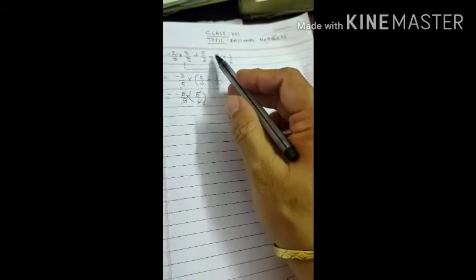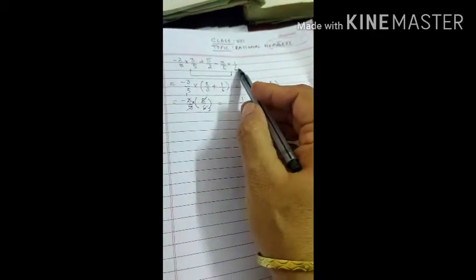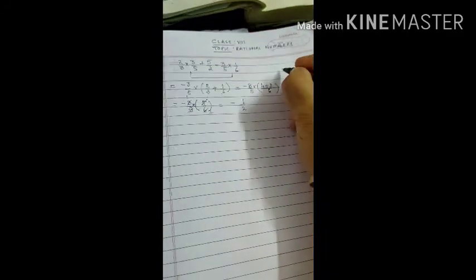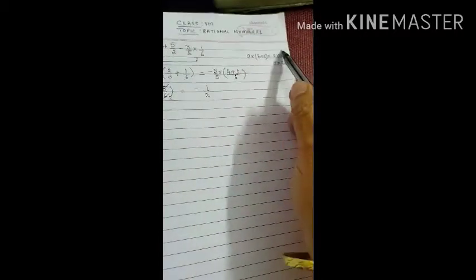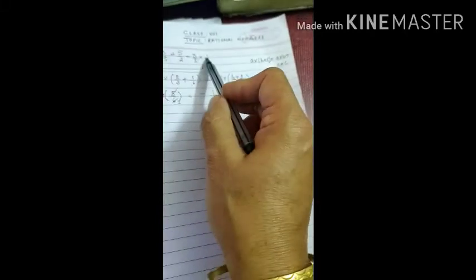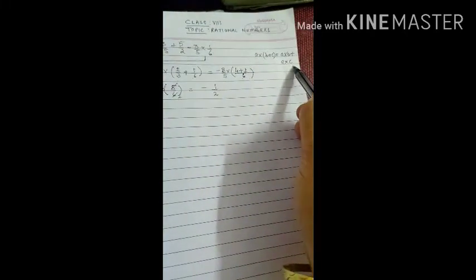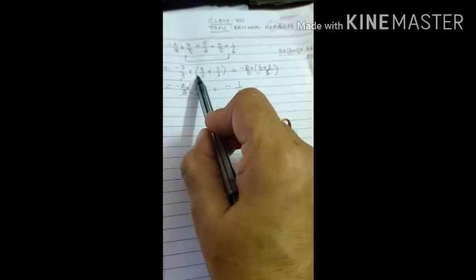Here in the first step we have used the distributive property, that is a cross (b plus c) equals a cross b plus a cross c. In this expression these two terms together are of this form, and we have used this form to start it.